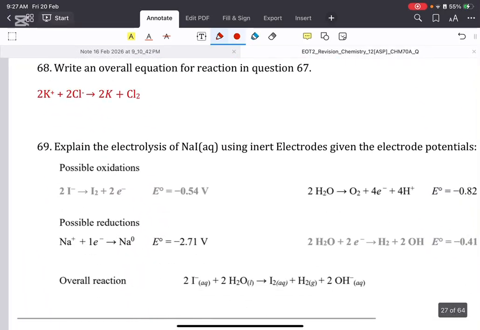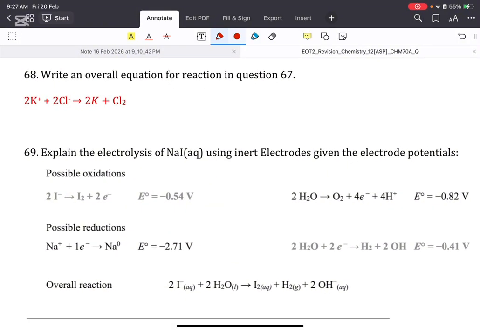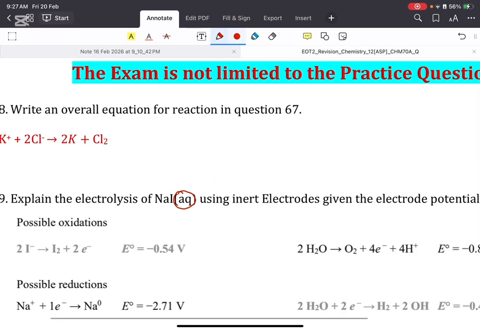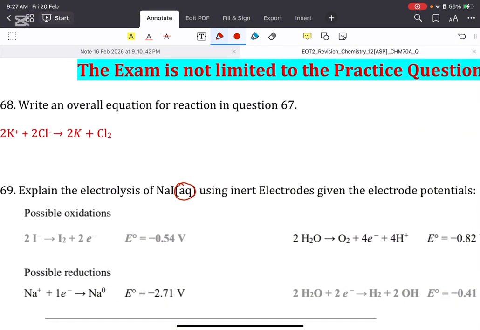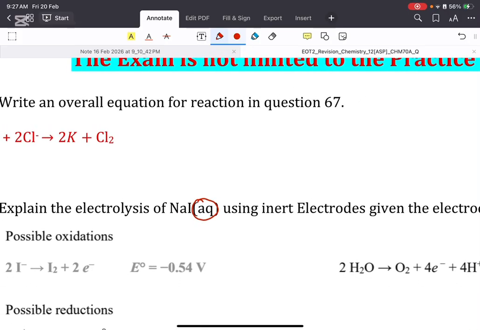So here. Now, explain the electrolysis of sodium iodide using inert electrodes. Oh, be careful. Sodium iodide aqueous, using inert electrodes, given the electrode potentials. Now, let me just explain this here.